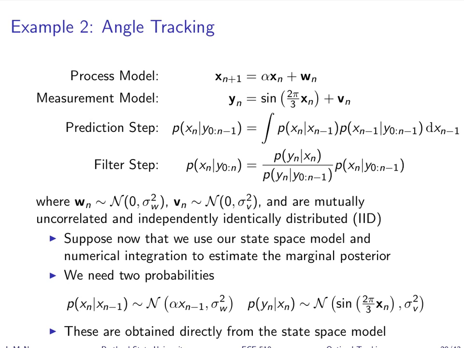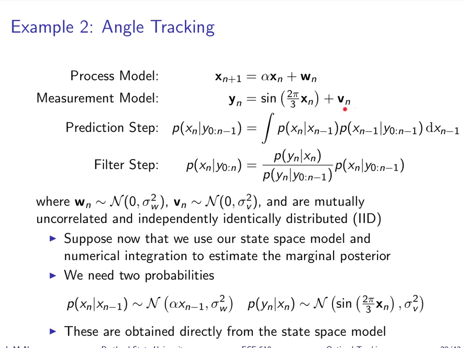So we've got our state space model. I'm giving it to you. And in this case, one way of conveying a description of what this represents is to say, we're taking measurements where the measurements are related to the state, where the state is an angle, and we're getting a sinusoid of that angle is what we're able to measure. But we're only able to measure it with some noise. We can't measure it perfectly.